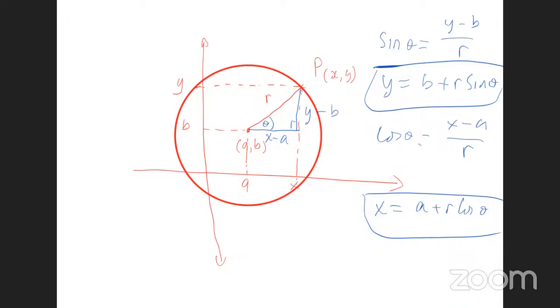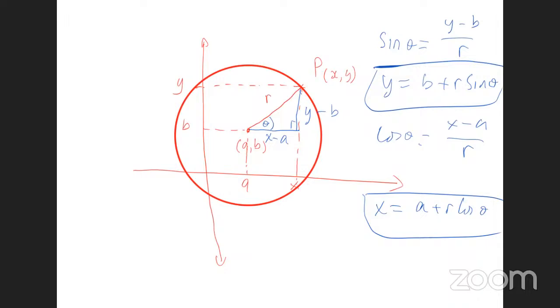While you're writing, I want you to think about how we could go from the parametric back to the Cartesian.